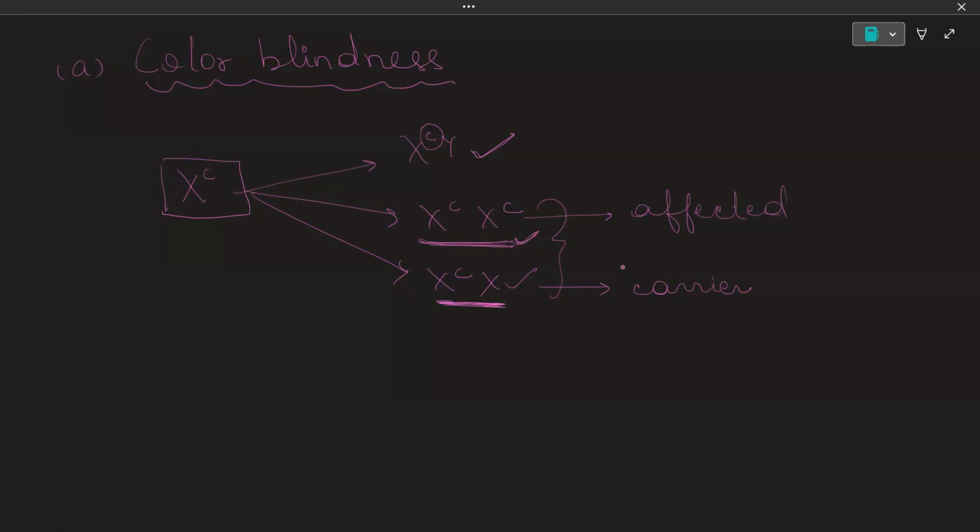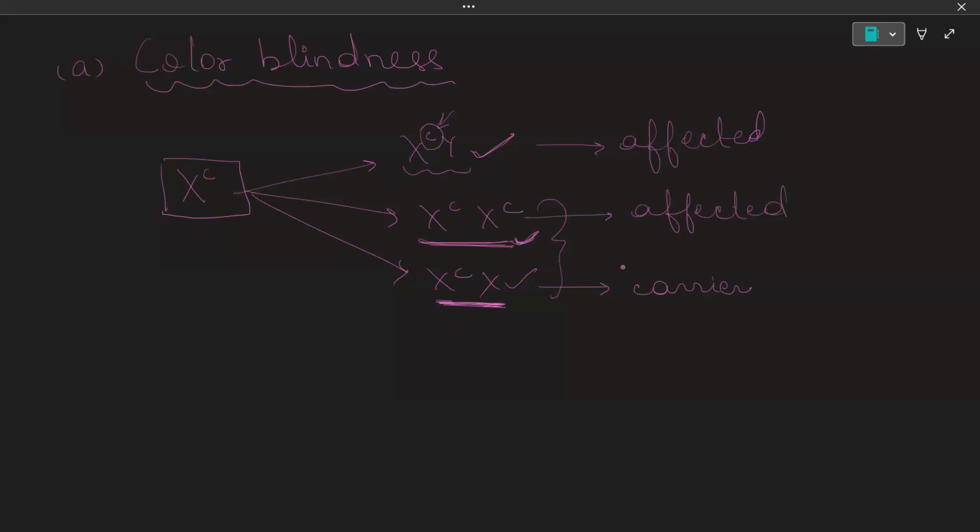If any male has the gene, he is directly affected. But if the female has only one in a heterozygous condition, she is a carrier, not affected. If she carries both in a homozygous condition, she will be affected.